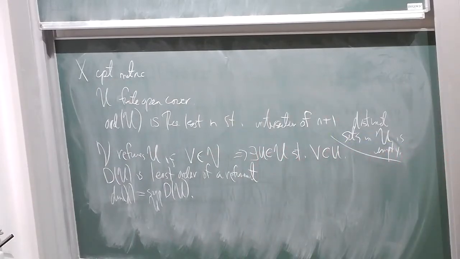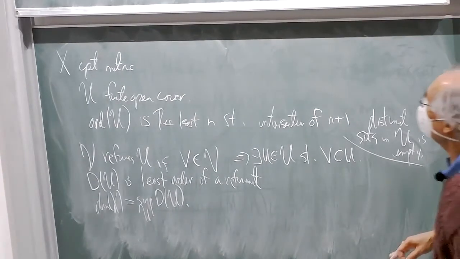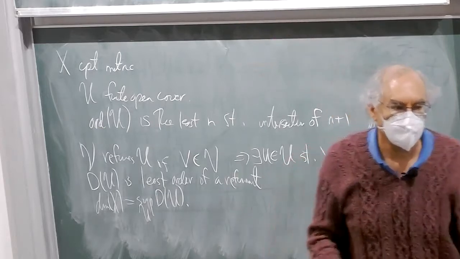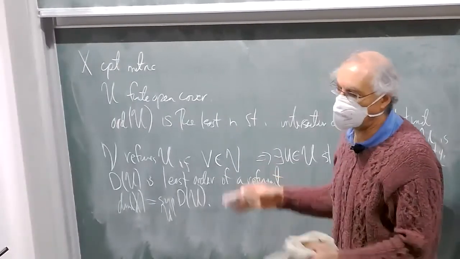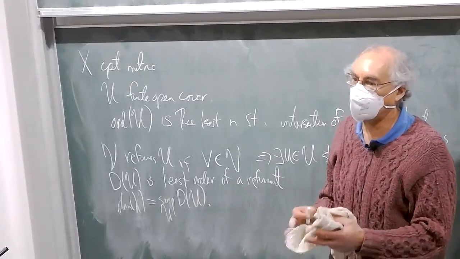And there are pictures one can draw, which I've done in some talks, but I've said enough about these other things that I don't have time to draw the pictures. I'll say just one thing. When you want to prove that R2 has dimension 2 rather than 3, you do not want to cover it by neighborhoods of squares.